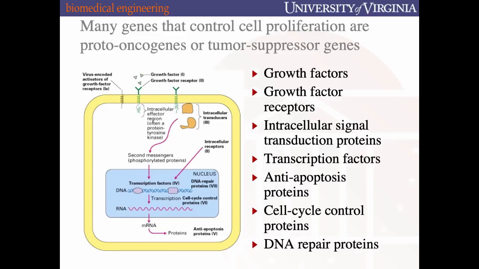Your questions already preempted this slide, but what I want to say in a little bit more completeness is that a lot of these oncogenes or tumor suppressors bear down directly on the control of cell proliferation. And these act at many levels that you've already been introduced to at different points in this course. They can start at the level of growth factors.